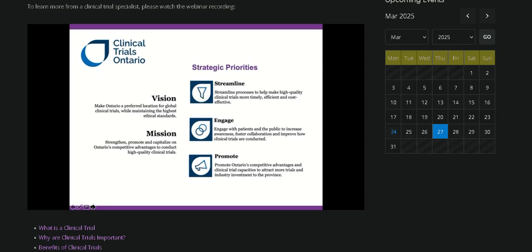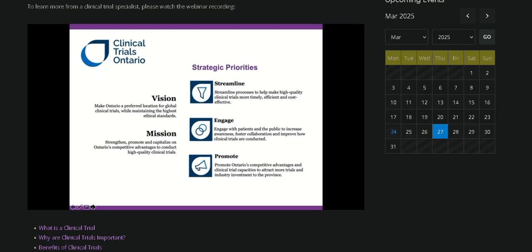We have 3 strategic priorities: to help streamline the processes related to doing high-quality clinical trials, engaging patients and the public like we are today to increase awareness about trials and maybe even help you make an informed decision about participation, and lastly, promoting Ontario as a place to do clinical trials.